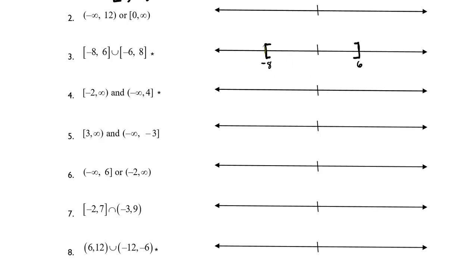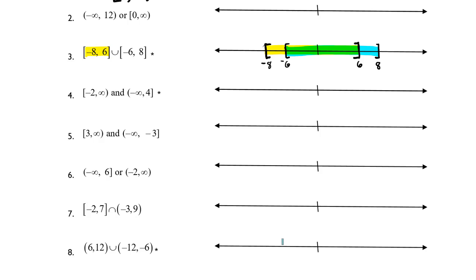We'll make that a yellow interval. And then the other piece will be from negative 6 to 8. And I will highlight that in blue.